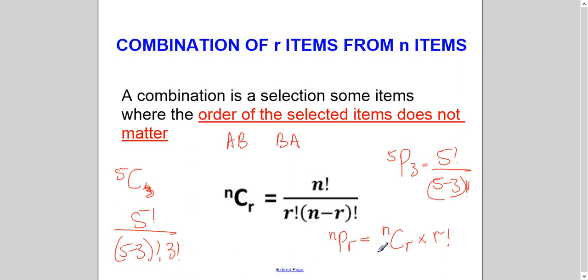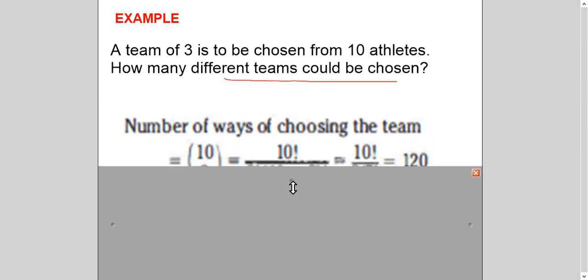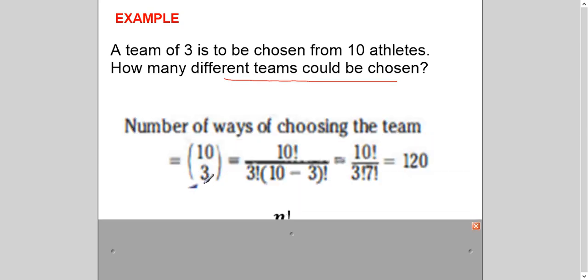I hope it is clear, or you can try out with different numbers. So let's take an example here. A team of 3 is to be chosen from 10 athletes. How many different teams can be selected or can be chosen? So straight away it is 10C3. By the way, 10C3 is also written like this.